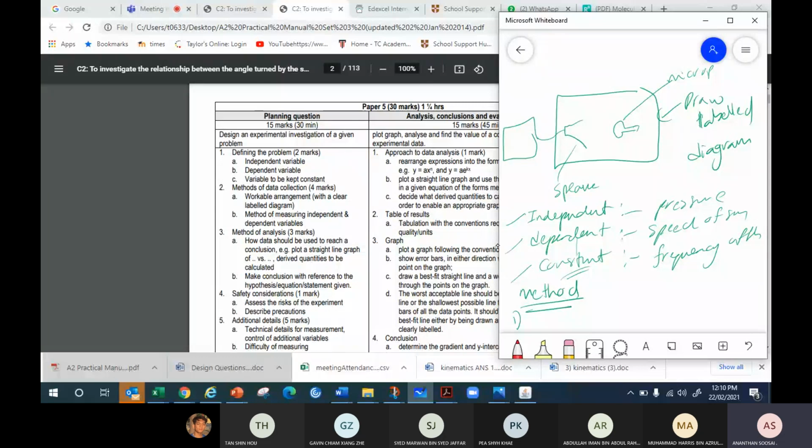Under method, they will check how you measure the independent variable, the dependent variable, and the variable kept constant. What instrument do you use? That's what they check.